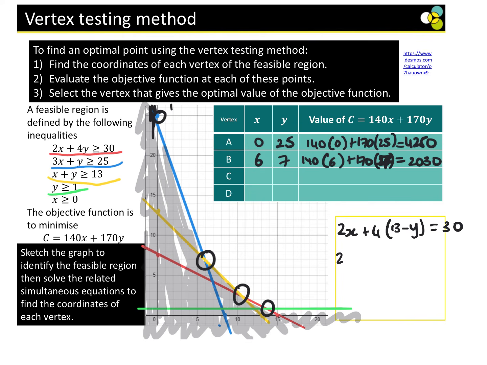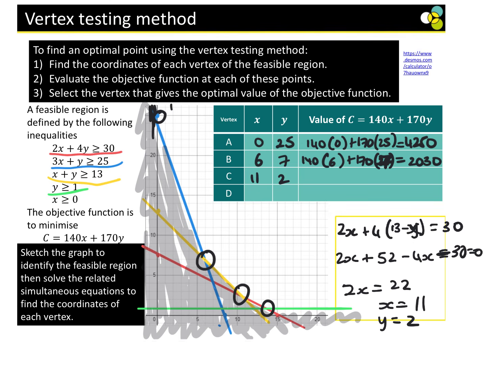If not, go back to Pure 1. 2x plus 52 minus 4x minus 30 equals 0. Wait a minute, that should be an x. So I'm going to get 2x equals 22, x equals 11. Perfect. If x equals 11, y equals 2.